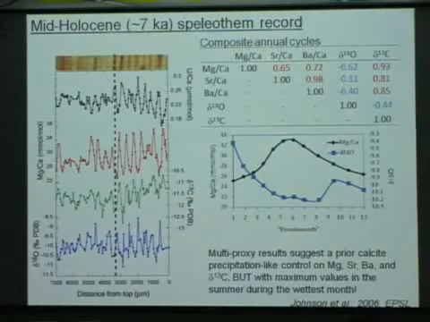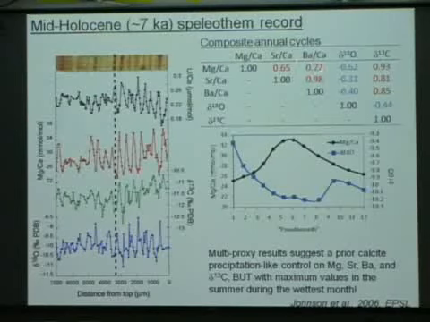And you can see here that there's a very strong positive correlation, all the positive ones are in red, between magnesium, strontium, barium, and delta C13, whereas delta 18O is less strongly but negatively correlated with these proxies.